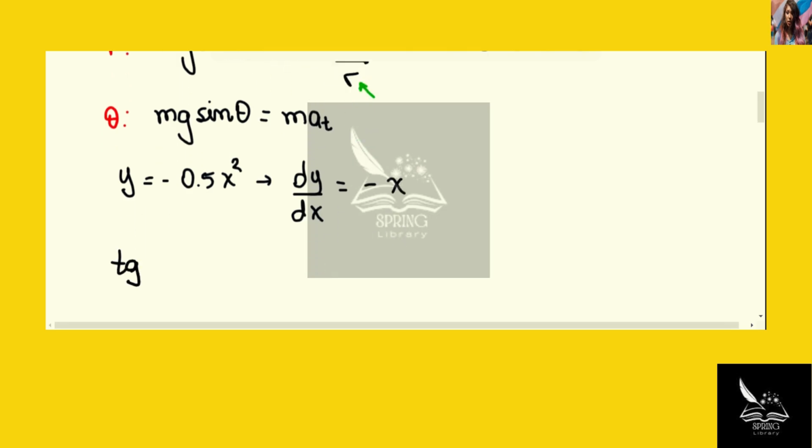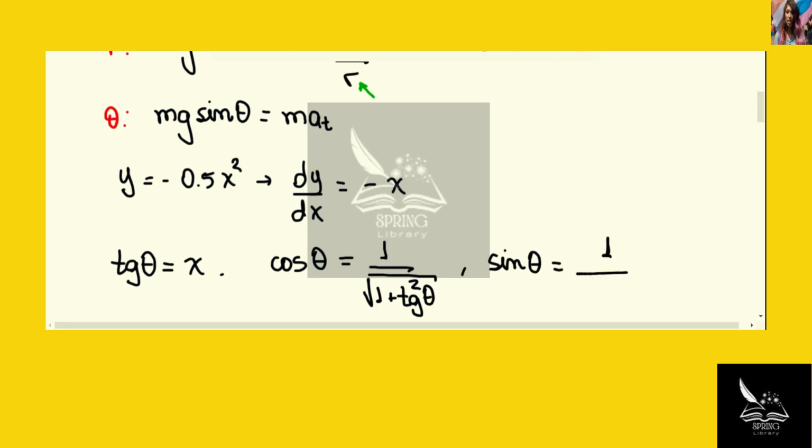So the tangent of theta is x. Okay, so what I'm going to do is use the formulas that the cosine of theta is equal to 1 over the square root of 1 plus tangent squared of theta, while the sine of theta is equal to 1 over the square root of 1 plus 1 over tangent squared of theta.